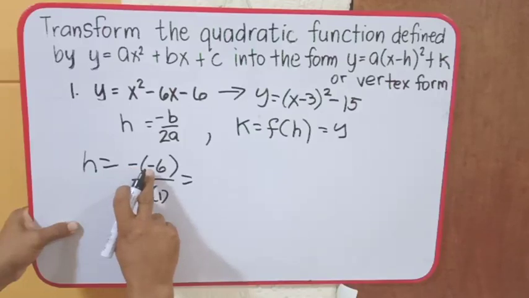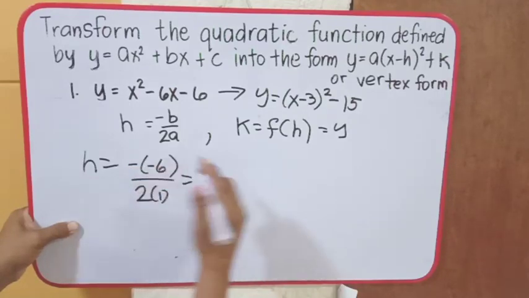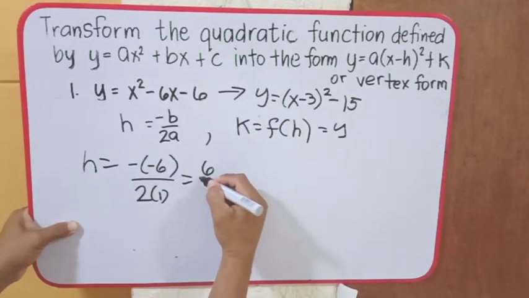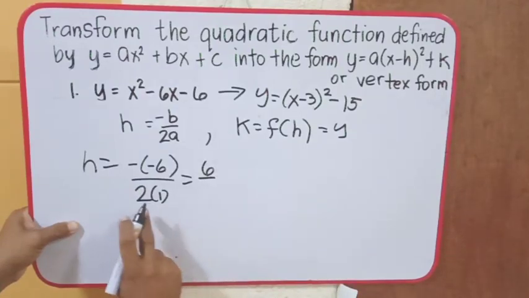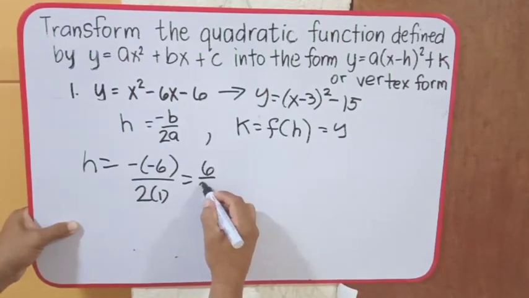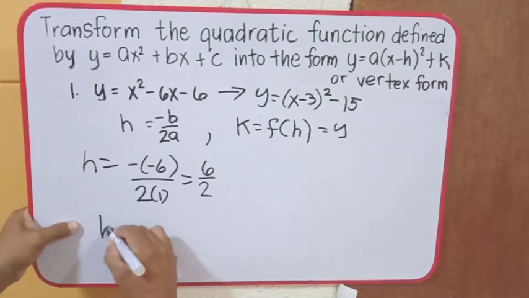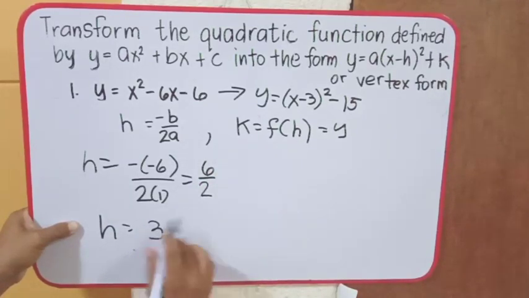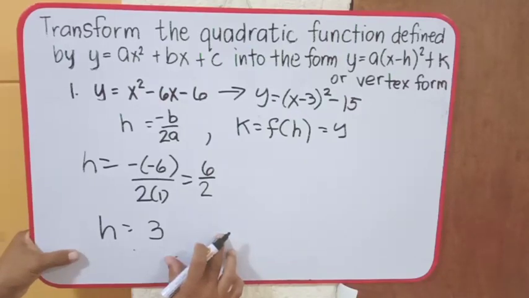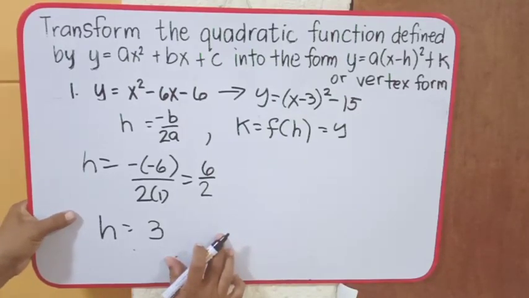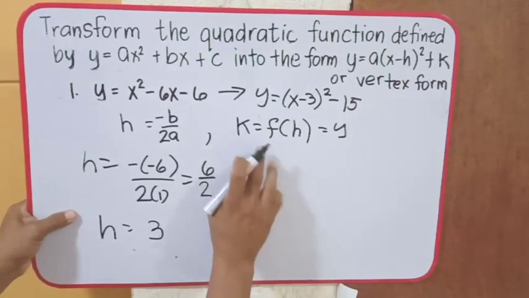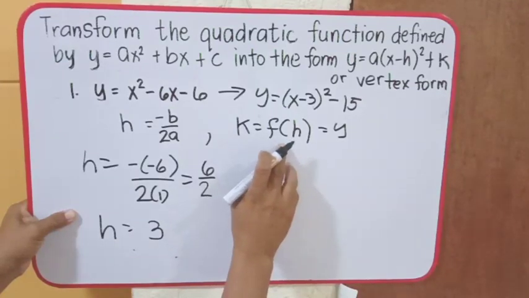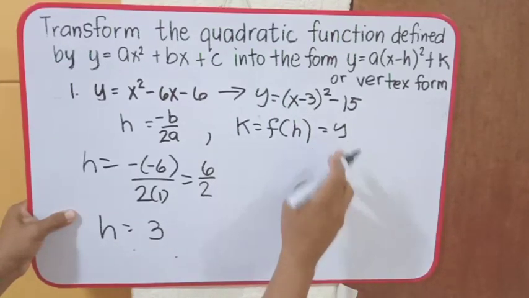Simplifying negative and negative, so that is equals to positive 6 over 2 times 1 is 2. And 6 divided by 2 equals 3. So, ito yung value ng h natin. So, paano naman kukunin natin yung value ng k? Remember, ang k equals to f of h also equals to y.